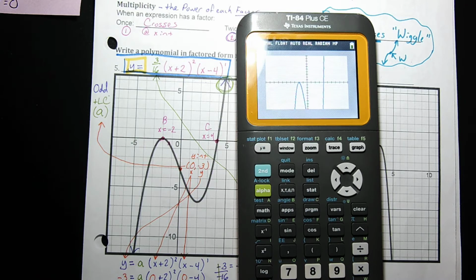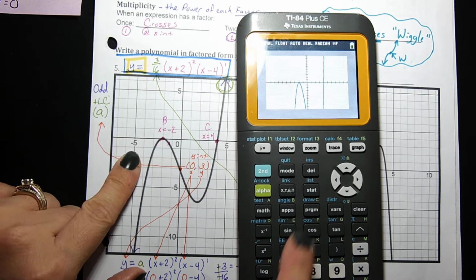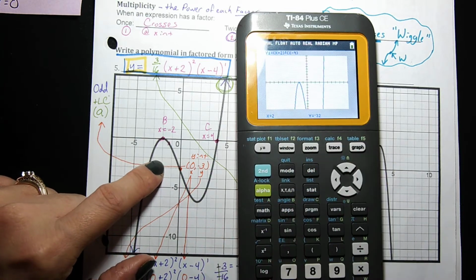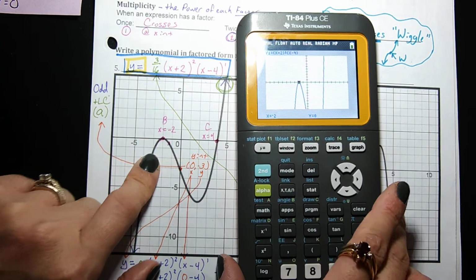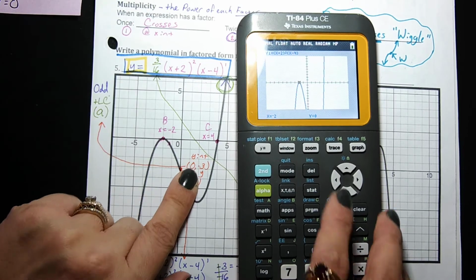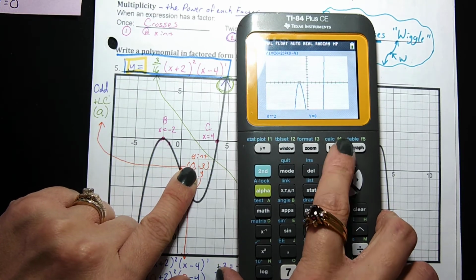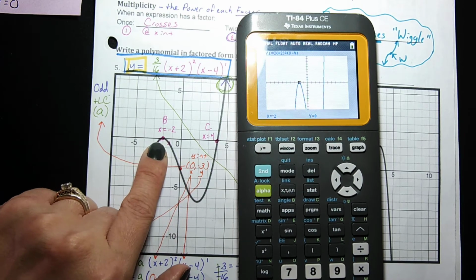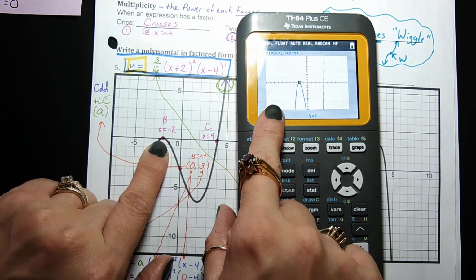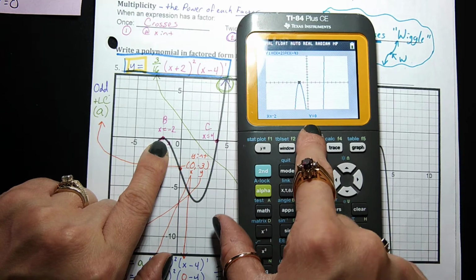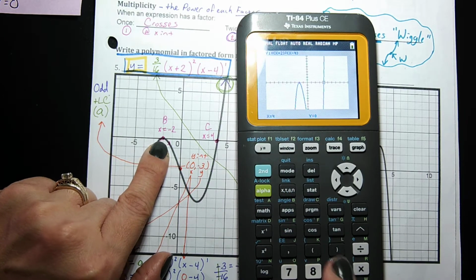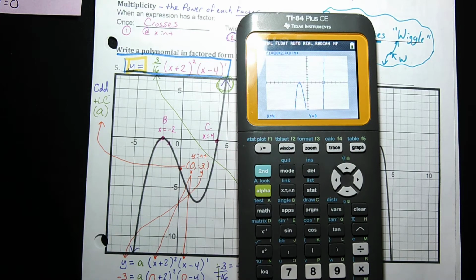It's got an x-intercept at -2. So, folks, what I just did was I hit the trace button, and that allows me to see exactly where I'm at specific x values. If I type in -2, I see I'm getting a y value of 0. Ta-da, x-intercept. If I type in 4, we see we're getting that other x-intercept.